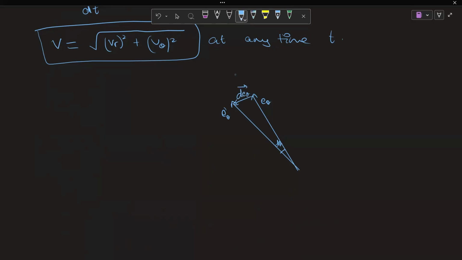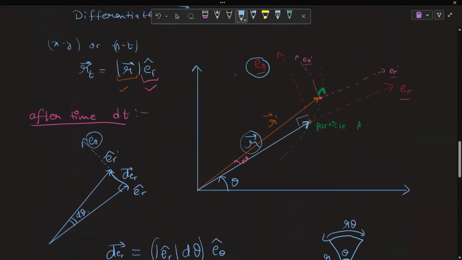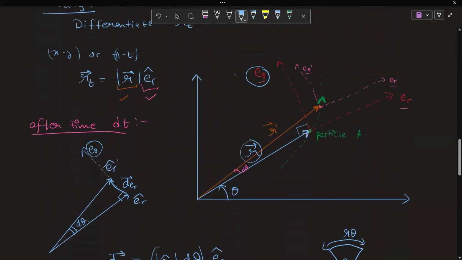Notice one thing, that this is perpendicular to the original E theta. Let's go back to the original figure. This is E theta. This is E theta dash. This is the change in the direction. So this and this are parallel.